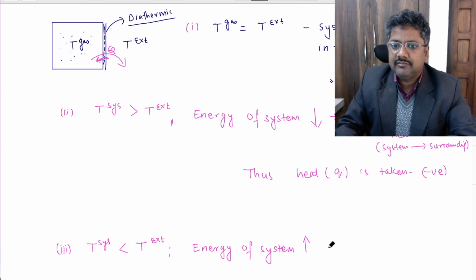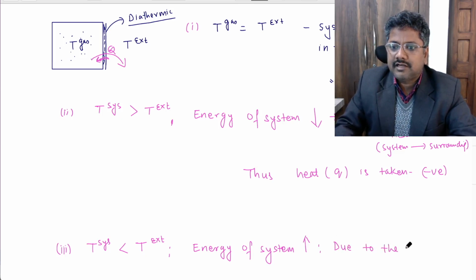This is due to the transfer of heat from surrounding to system.